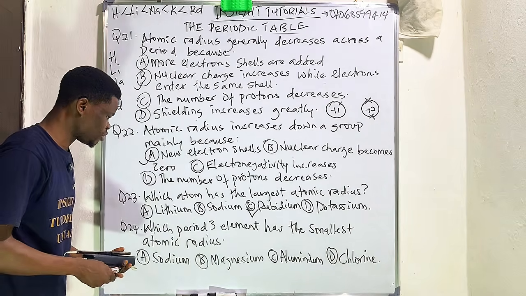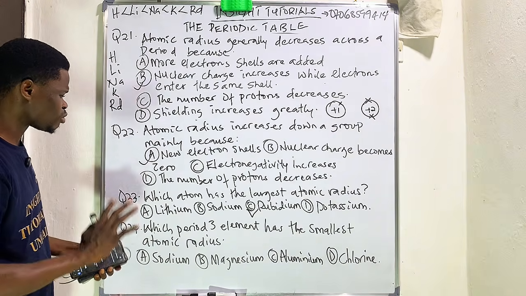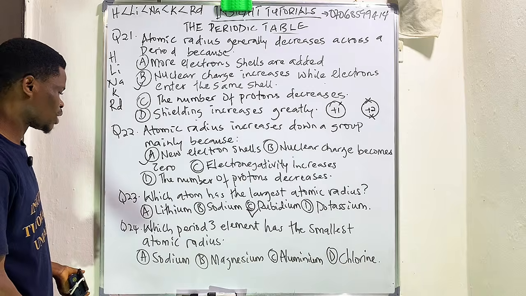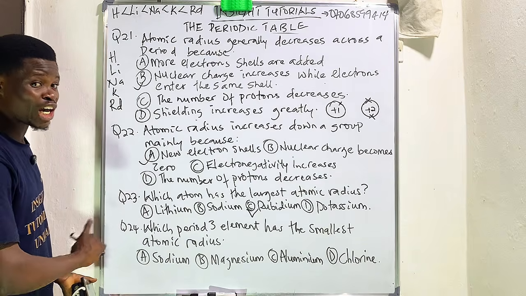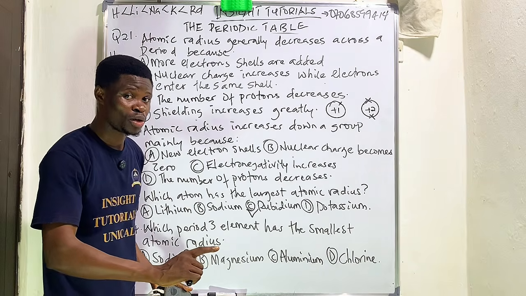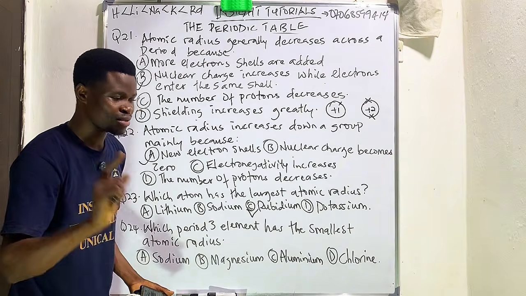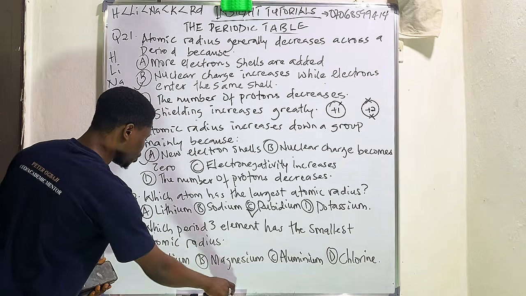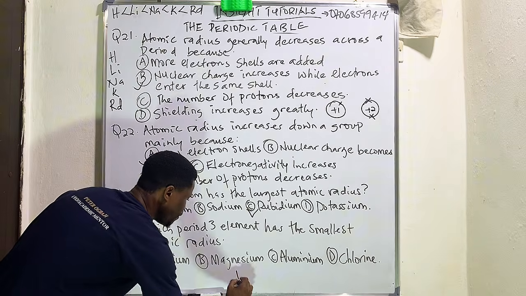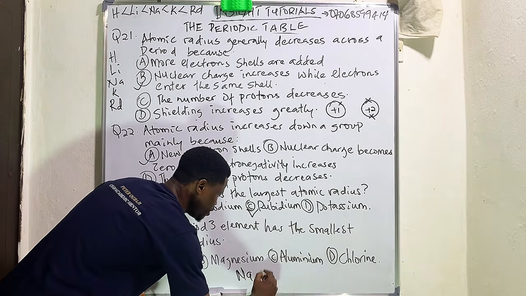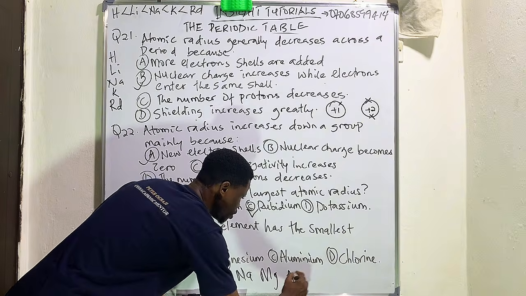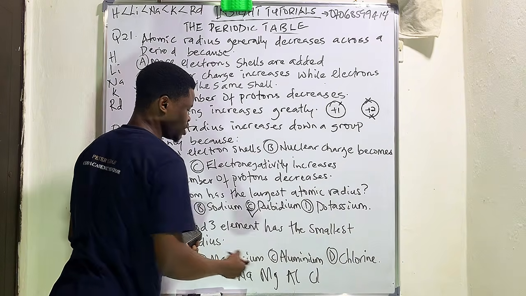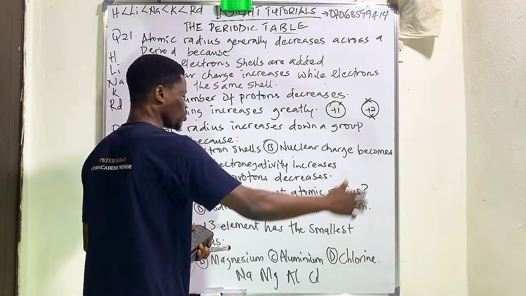Which period 3 element has the smallest atomic radius? First of all, you have to look at the period. Remember that across the period, what happens to the atomic radius? It decreases. I believe you got it right. So across the period, we have sodium, then magnesium, then aluminum. You see, the next you will be able to see chlorine also follows in that same manner.